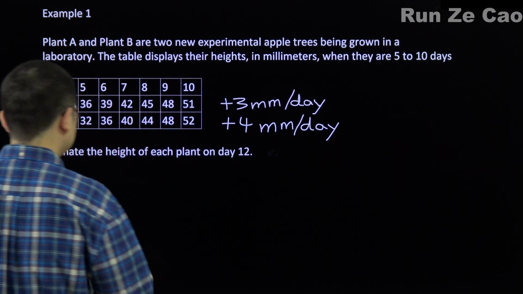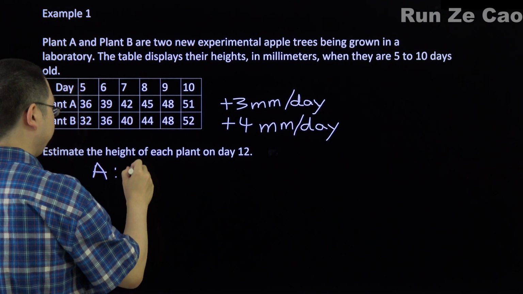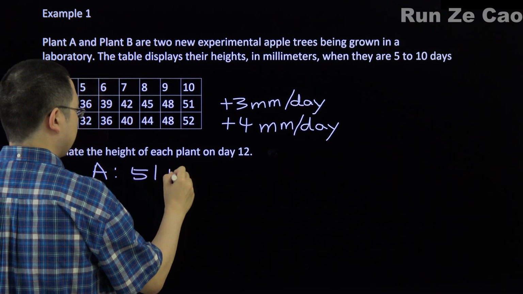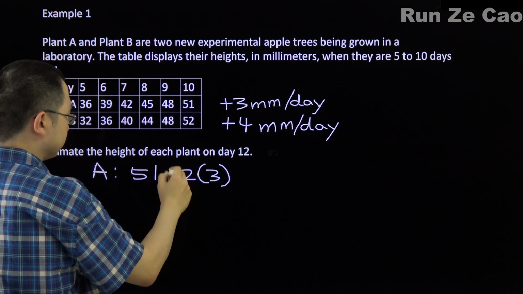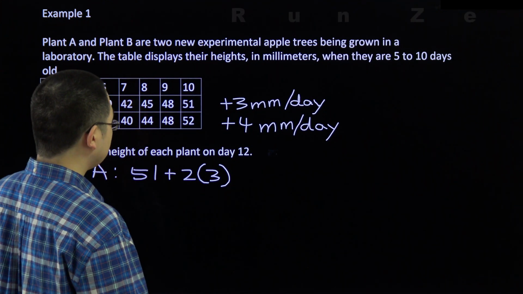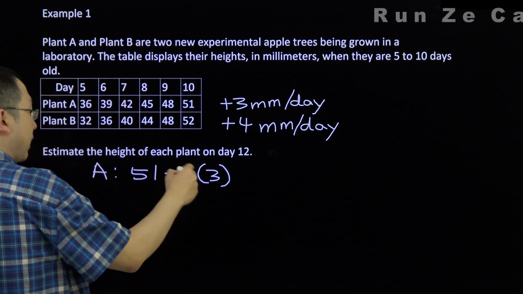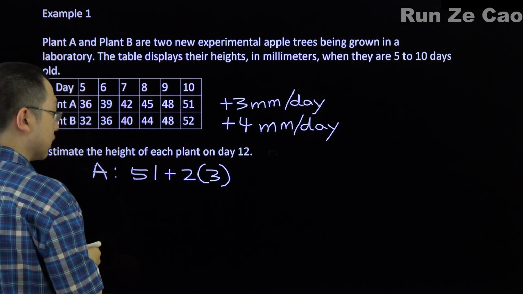Plant A is going to be at 51 plus... This 2 is because it's 2 days from 10 to 12. Of course, depending on how precisely your teacher wants you to present all your steps, you might have to put 12 minus 10 instead of 2 here.